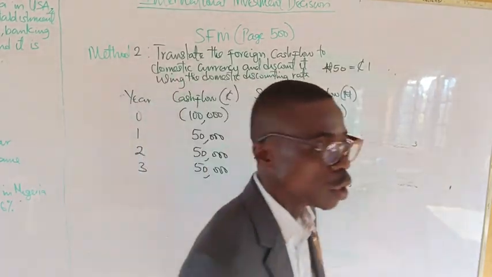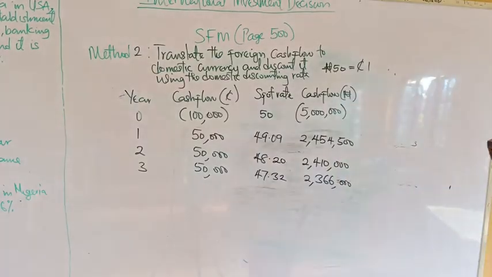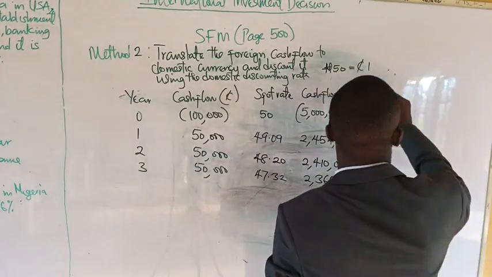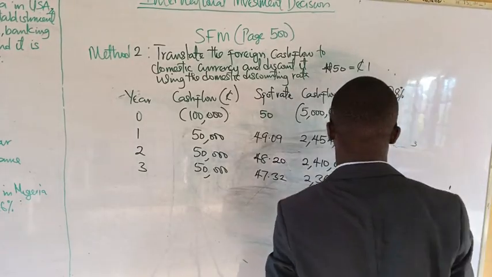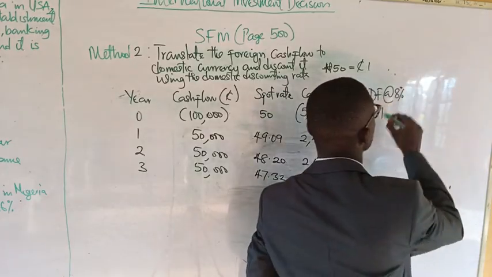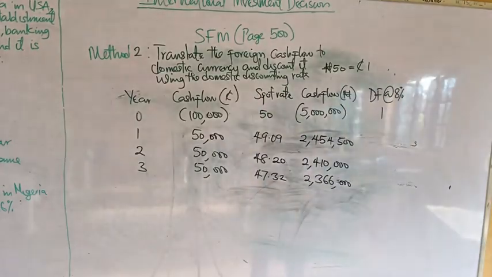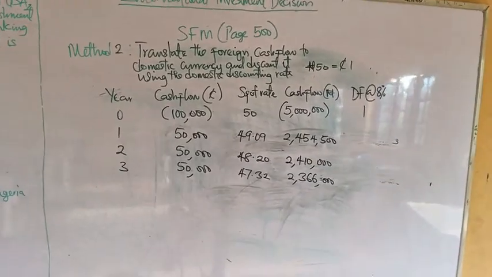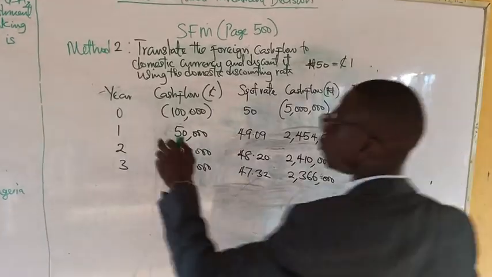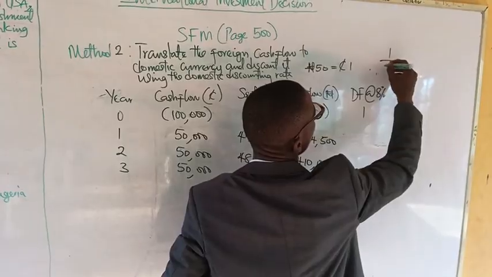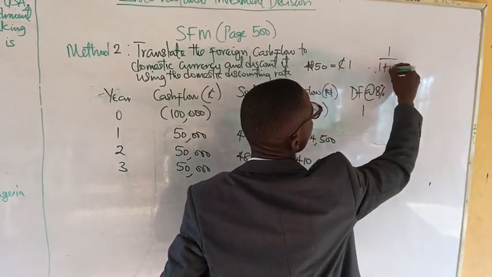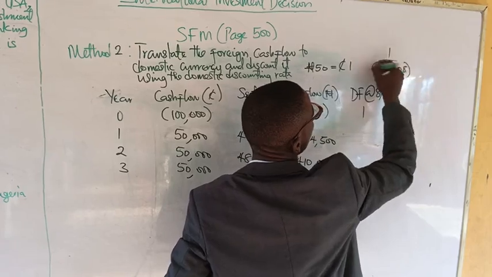What's the domestic discounting rate for Nigeria? For year 0, it will be 1. For year 1, it will be 1 all over 1 plus 0.08 raised to power 1.